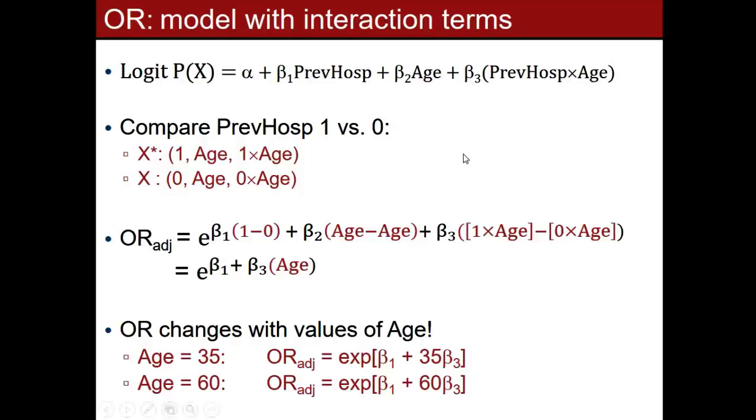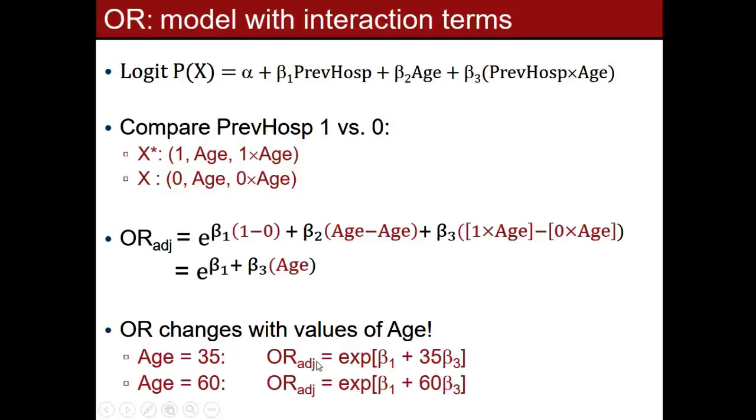And here, it turns out that the odds ratio is modified by the value of age. Depending on age, you run it through your formula and you get a different answer, and that's exactly what effect modification is. The answer changes, and so we're going to get a different odds ratio depending on the value of age.